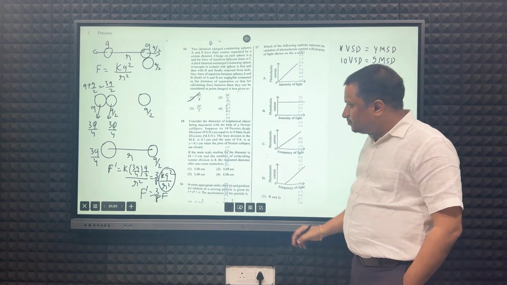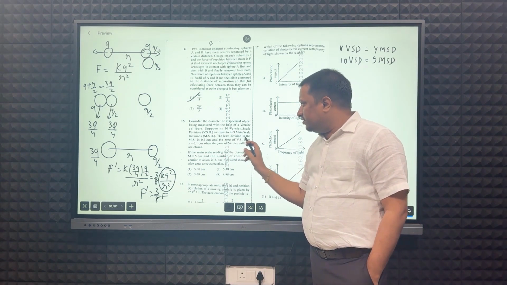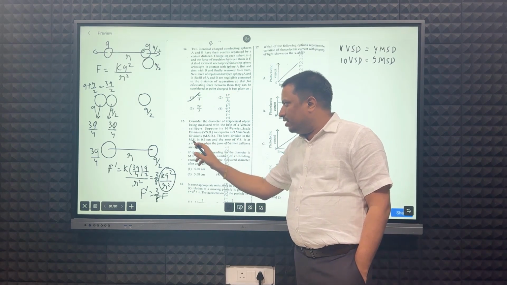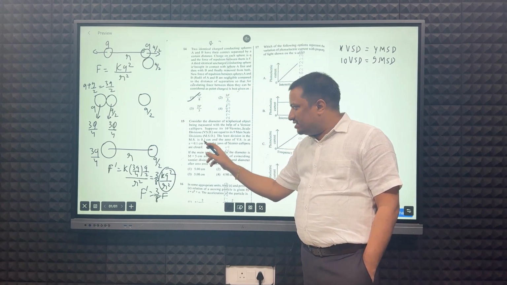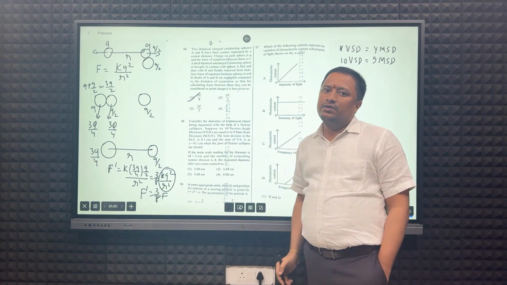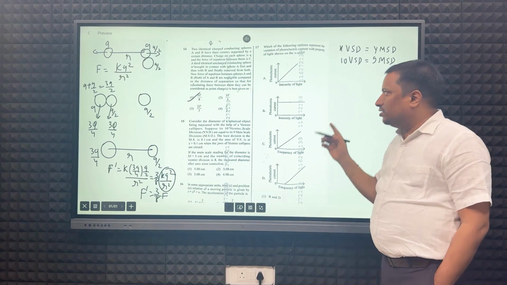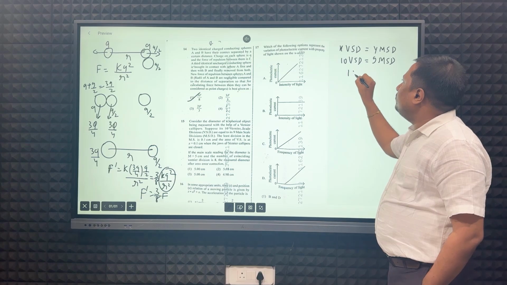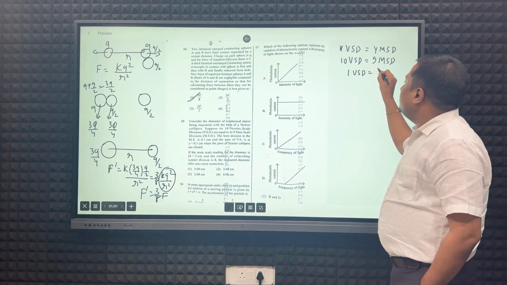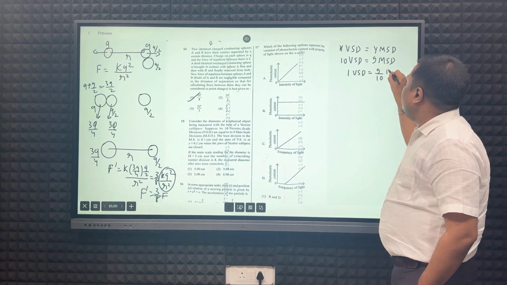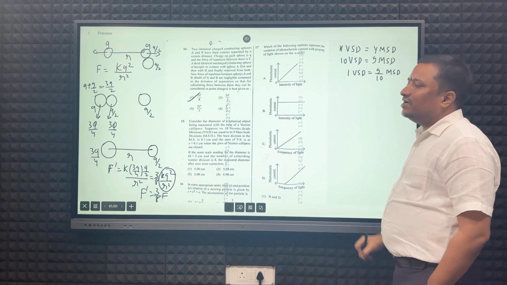The least division in the main scale is 0.1 centimeter. How much can the main scale measure minimum? That is 0.1 centimeter. Can I write 1 VSD will be equal to 9 by 10 of MSD?